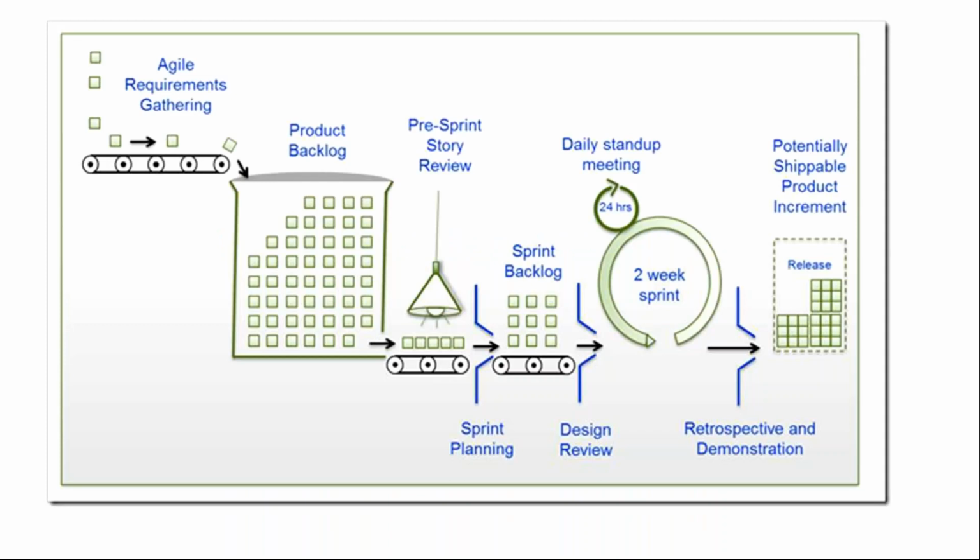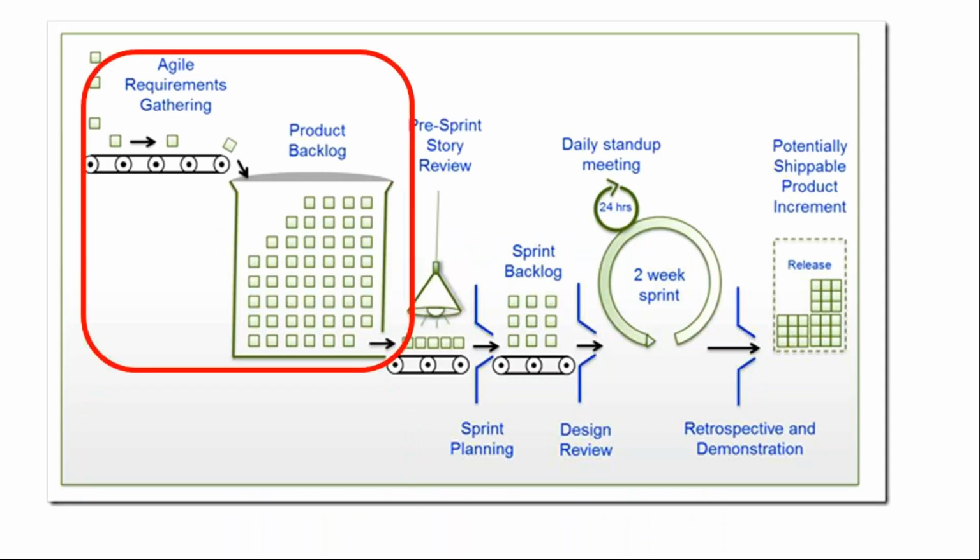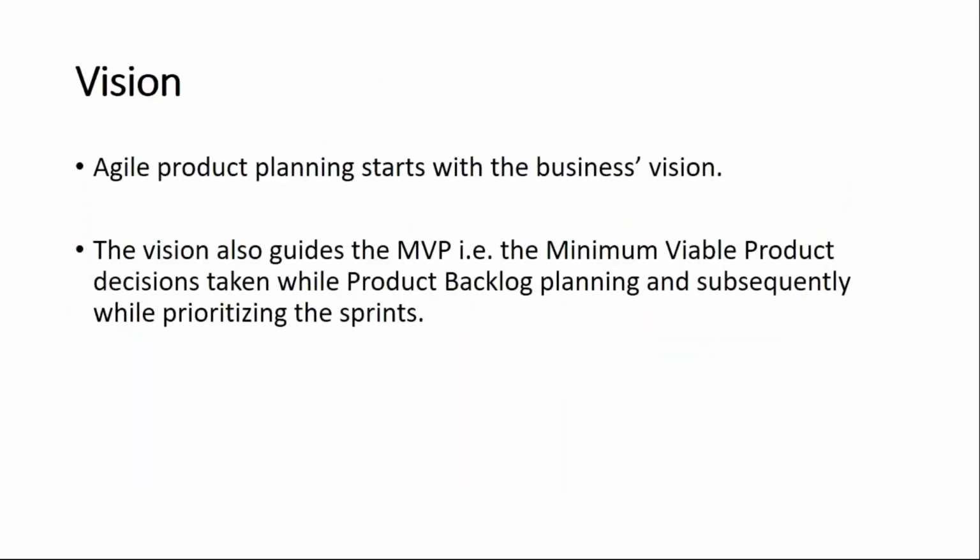So let's see, basically the requirement phase and the product backlog phase, we're going to emphasize this. When a project is starting without a vision, a project never actually occurs. It addresses a business need.